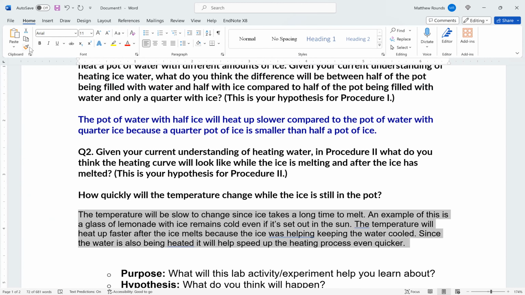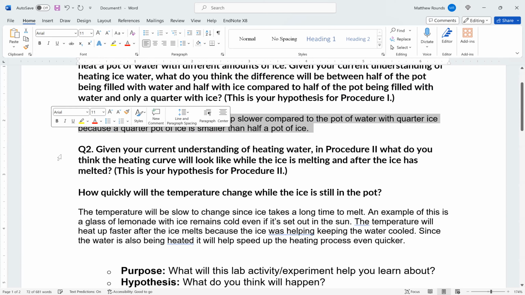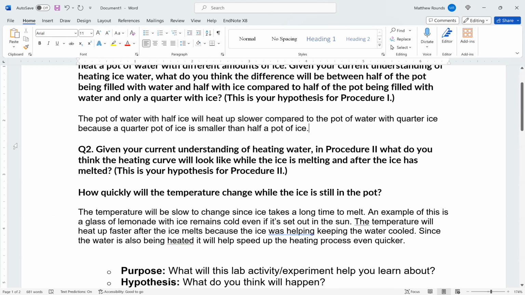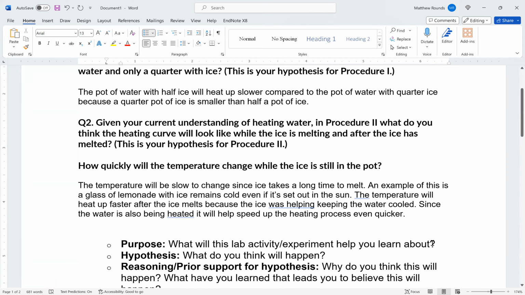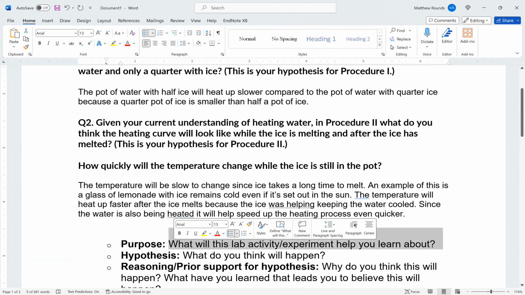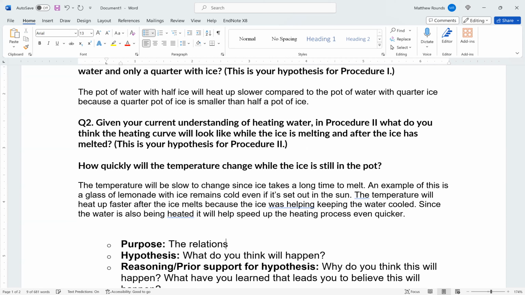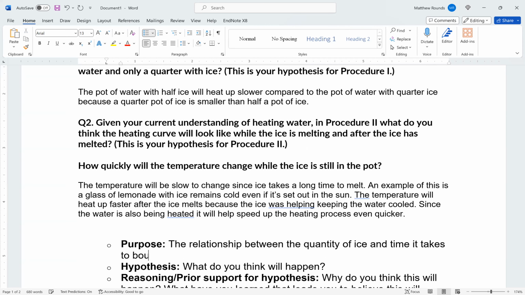The purpose of the lab is to see how long it'll take for water to heat up when there's ice in the pot. Okay, so the better answer here is the relationship between the quantity of ice and the time it takes to boil or heat up.